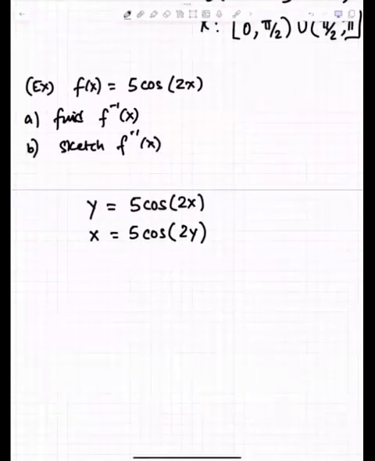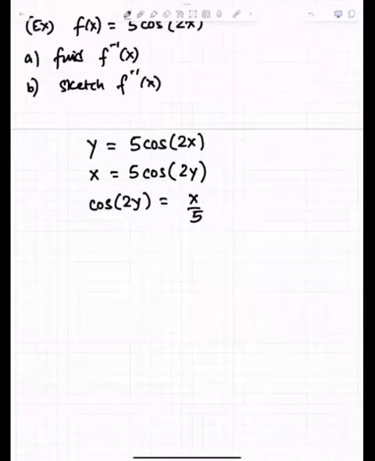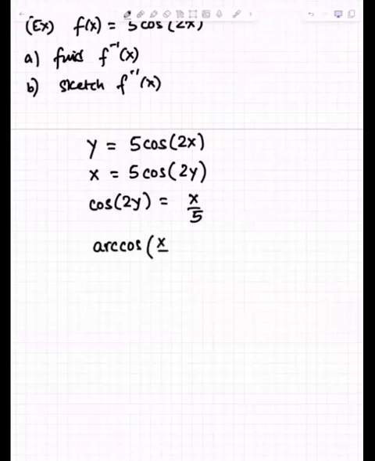First, divide by 5 on both sides. So cosine of 2y is equal to x over 5. And then we call on the inverse function. Cosine of an angle spits out an output. Arc cosine takes in that output and gives you back the angle.